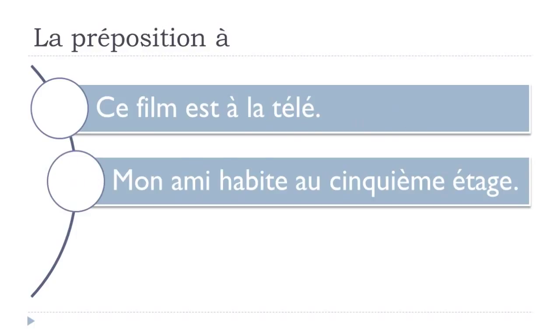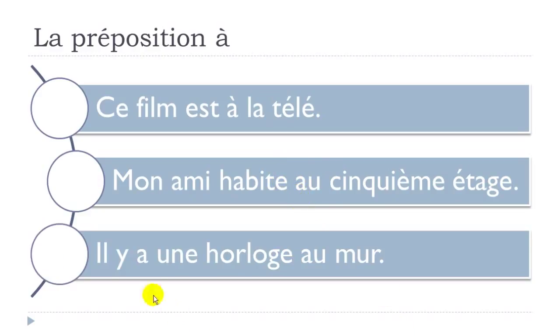Second example, mon ami, my friend, habite, habiter is to live, au, so same thing here, you've got this preposition, but it's combined with le, so it becomes au, and then cinquième étage, cinquième, fifth, and then étage, floor. So in that case, you want to say that your friend is living on the 5th floor, and in that case, we get to use this preposition à.